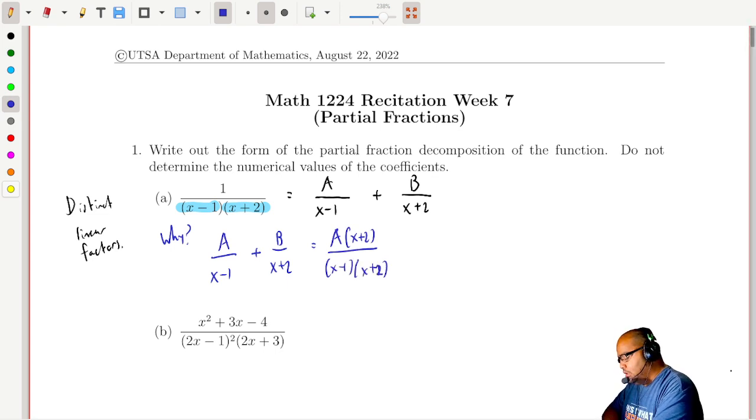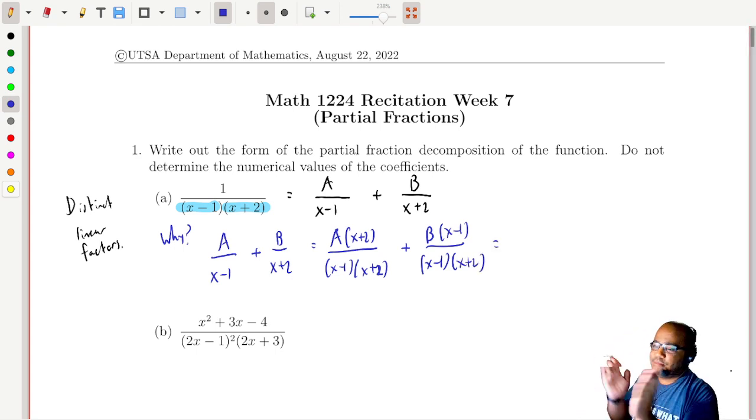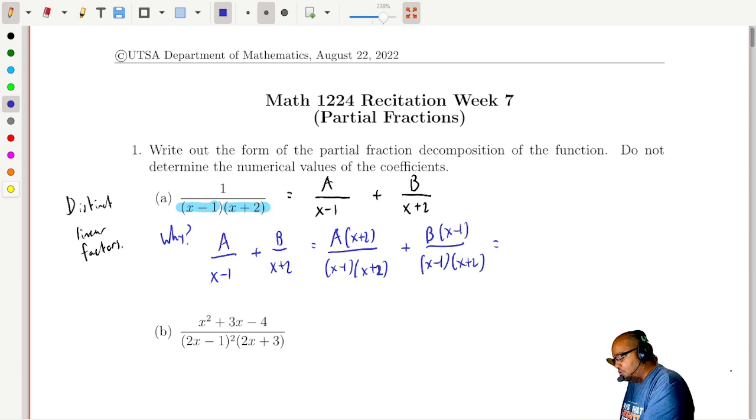And then the second fraction, I'll multiply by x minus 1 over x minus 1. And now you can see that both these fractions have the same denominator, so I can go ahead and smash them together. Okay, just add across the top. So I have A times x plus 2 plus B times x minus 1 over that common denominator, x minus 1 times x plus 2.